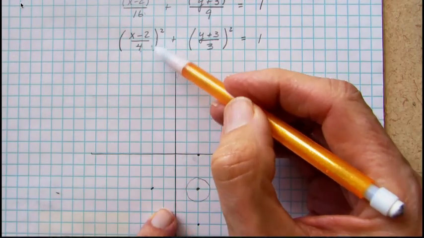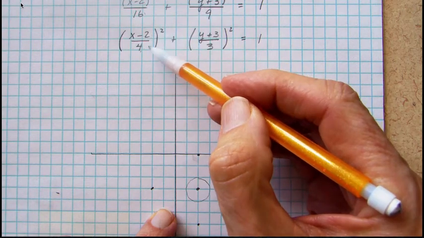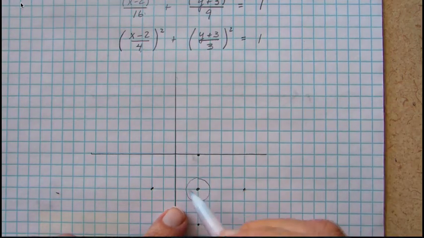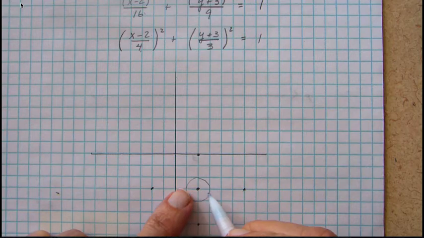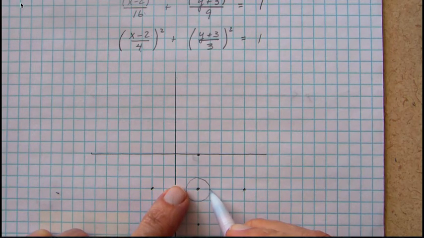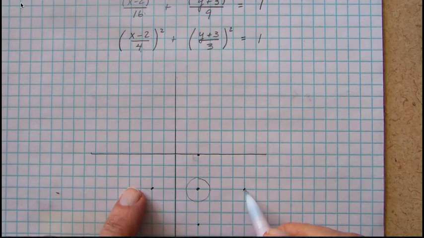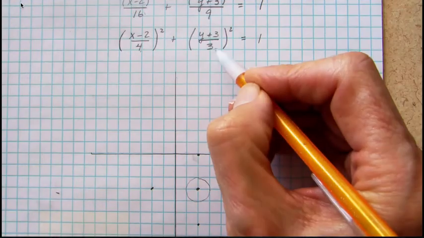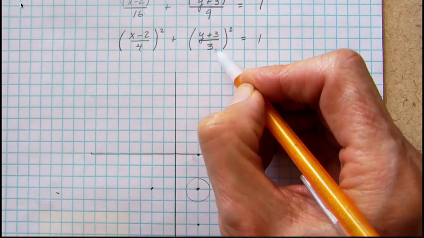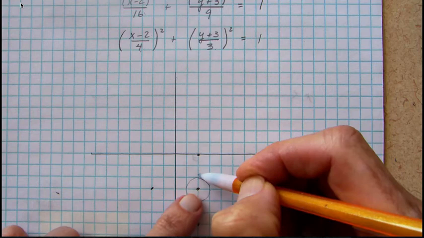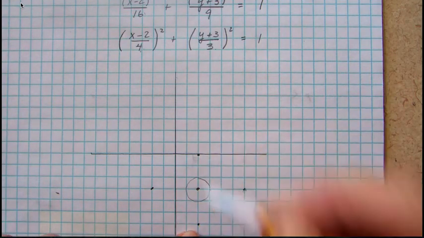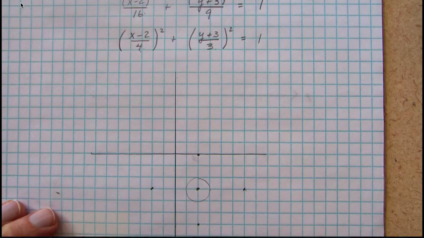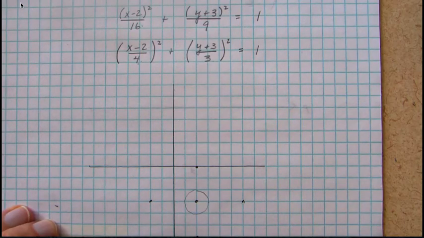Remember, with this inside transformation, dividing by 4 means we would actually dilate by a reciprocal factor. So take that diameter and dilate it by a factor of 4. And then take the vertical diameter and dilate that by a factor of 3. So you can think about them in terms of dilation. Again, whichever you prefer.